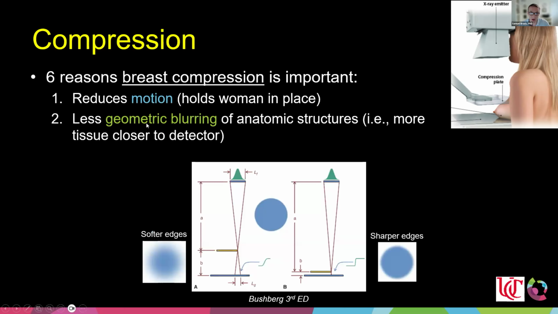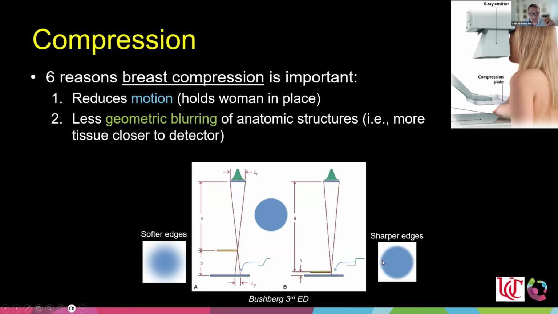The second is what we call geometric blur. And geometric blur is simply that when you take an object, the closer that object is to the detector, so think of the structures within the breast, the closer they are compressed towards the detector, the sharper the edges of those structures are.